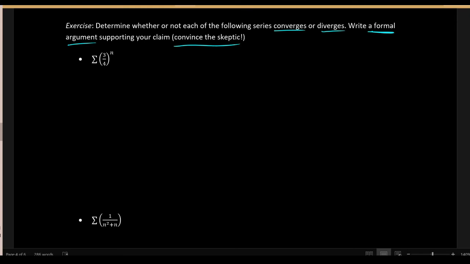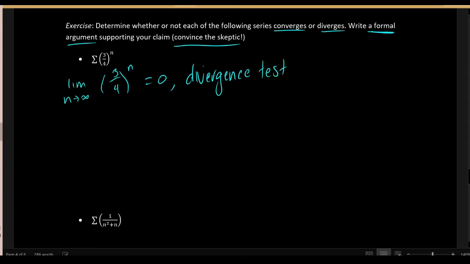Our first series is the sum of the sequence 3 over 4 to the n. Now, if I try and apply the divergence test, if I have a quick look at the limit of the sequence, it is 0, which means that the divergence test is still locked, and within the context of this problem, it is completely useless.